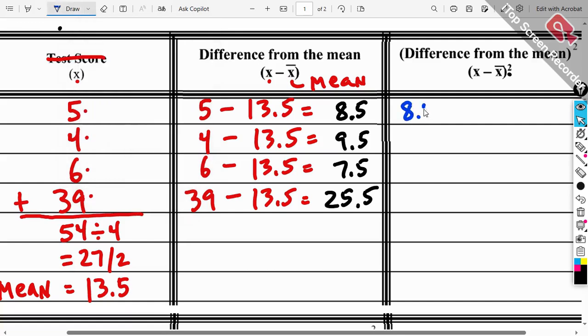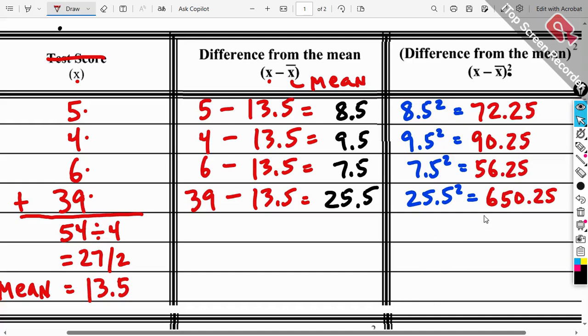All right, so 8.5 squared. I'm going to have to go to the calculator on these. 9.5 squared, 7.5 squared, and 25.5 squared. All right, I'm going to do each one of these on the calculator. All right, I did each one. And just like last time, we're going to find the sum of all of these numbers.